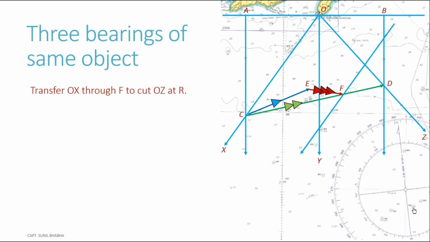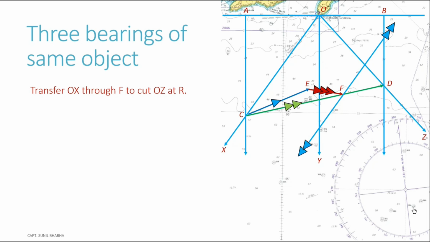So I have transferred my first bearing line through F now. You can see this transferred bearing line on the chart. Let's mark it with 2 arrows on both sides. This is the symbol for a transferred position line.